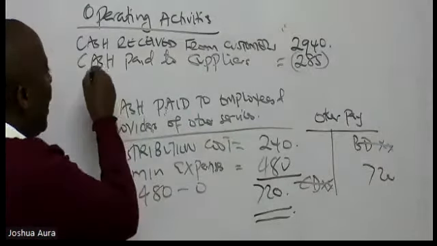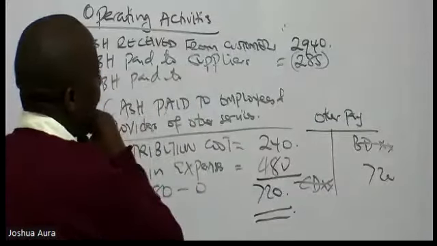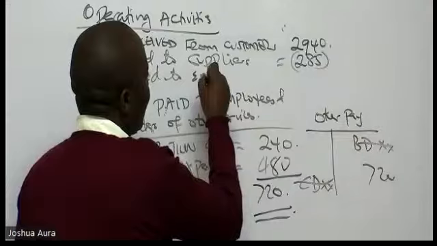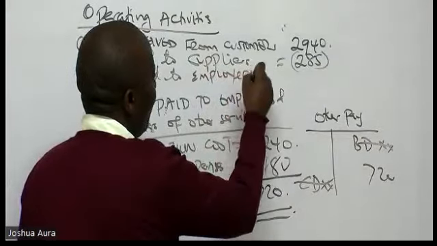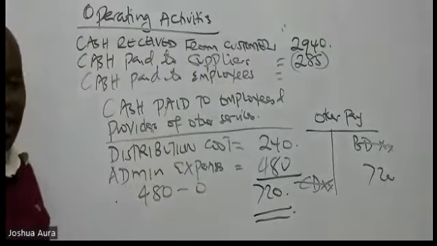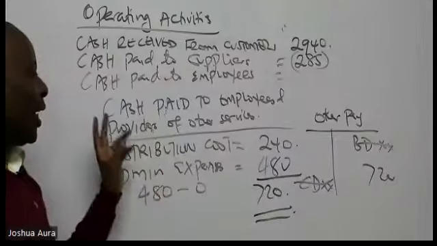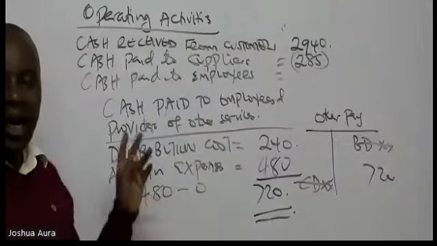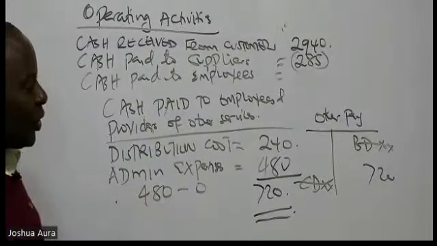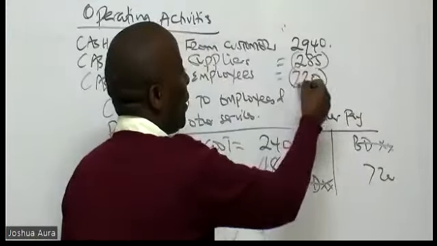And then we have here cash paid to who? To employees. We just leave it there. But I know that in terms of admin, we normally put rent, there are very many things there. That's why we are calling it in full, cash paid to employees and providers of other services, which you guys have given me a figure of 720.